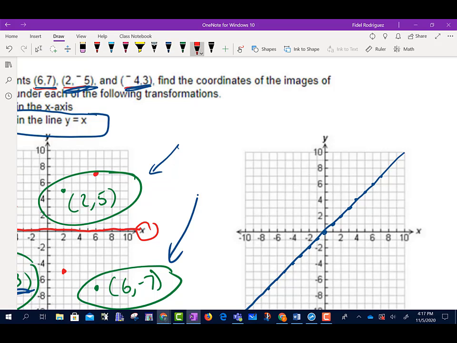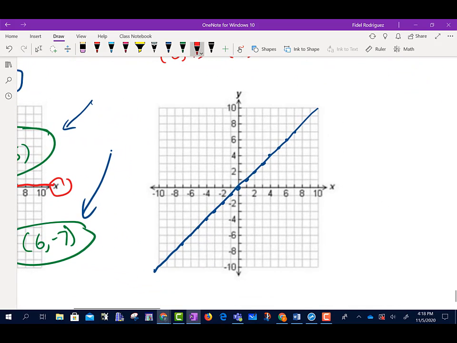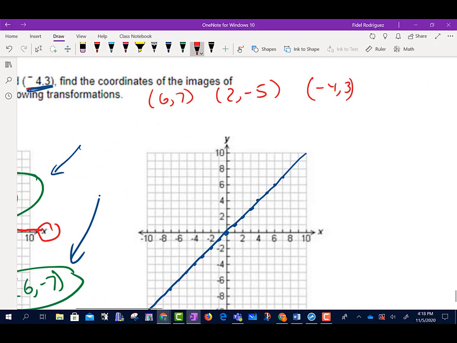So now that I have that, I want to come back and look, what were my points again? Let me just write them down first. 6, 7, 2, negative 5, and negative 4, 3. So the point 6, 7 is going to be right 6 and up 7, right there. 2, negative 5 was to the right 2 and down 5, right here. And negative 4 and 3 was right there.